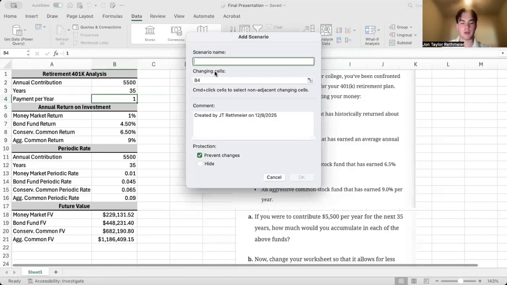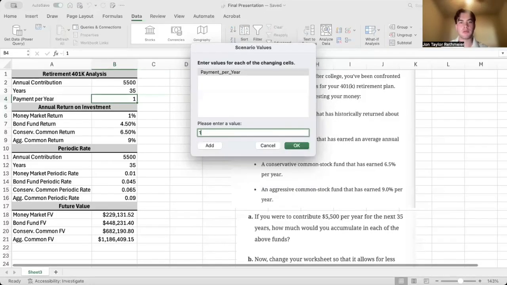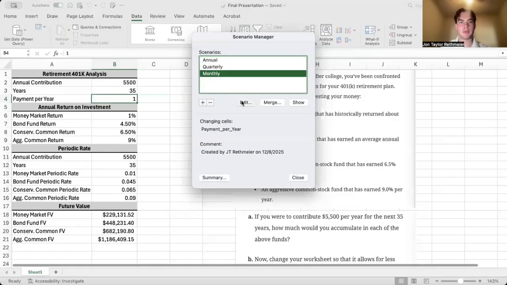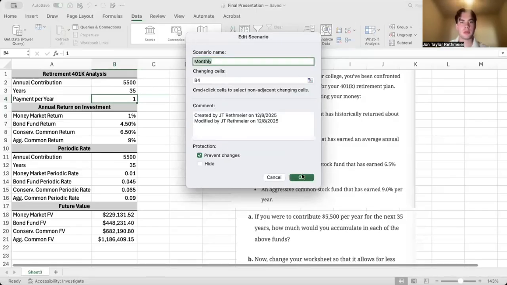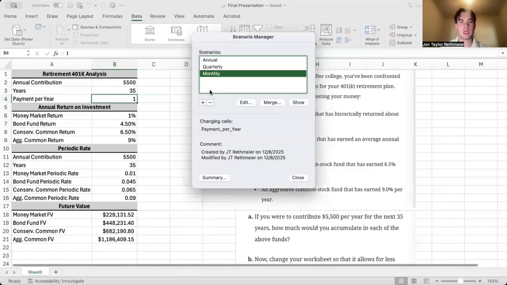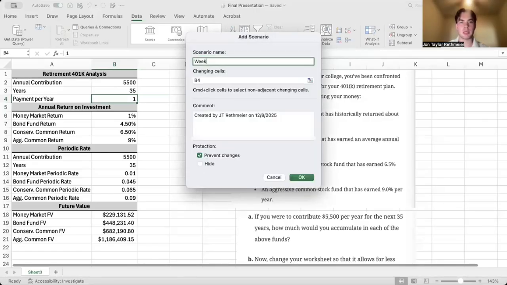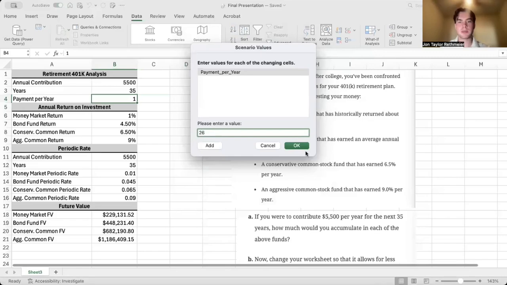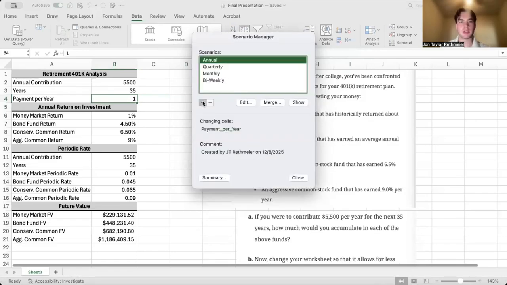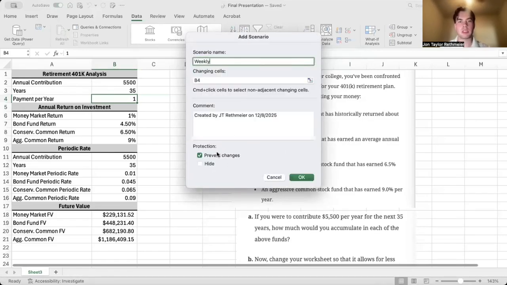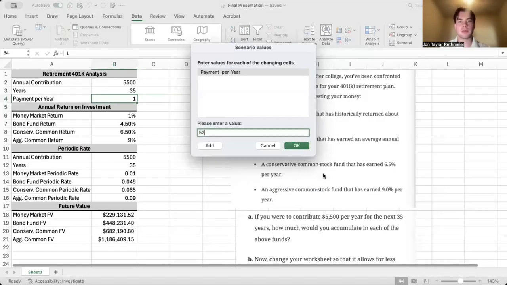And then we have our monthly, which will be 12. Oops, go back, edit that. So it's going to be 12. And then this is going to be biweekly, which is 26. And then we also have weekly, which will be 52.